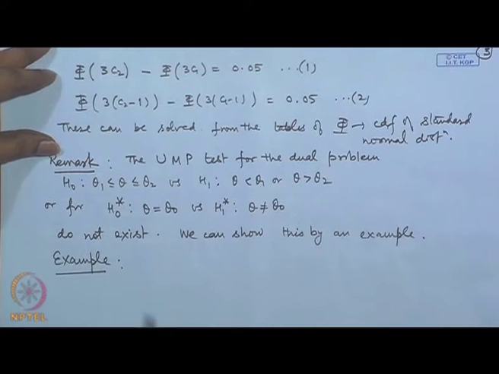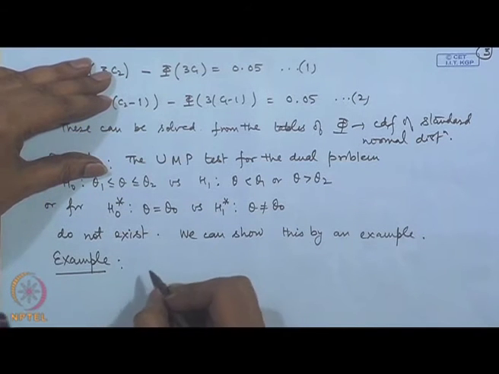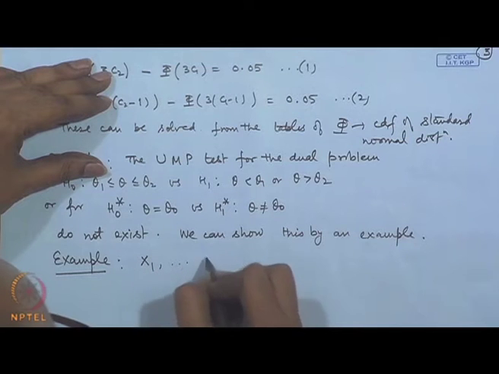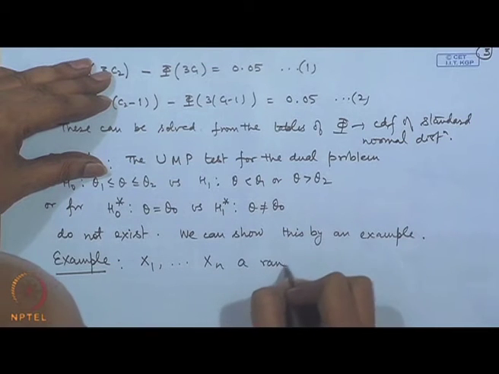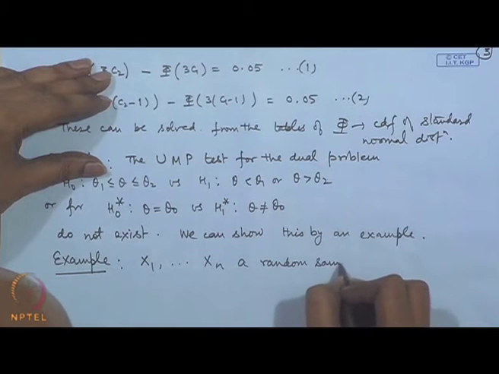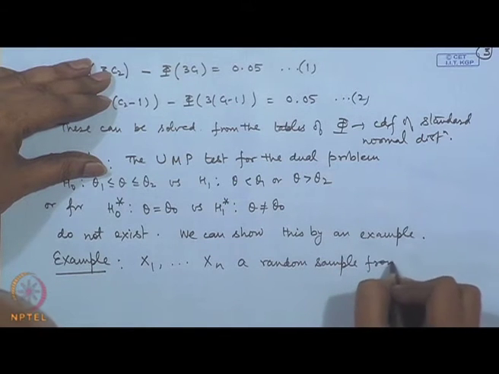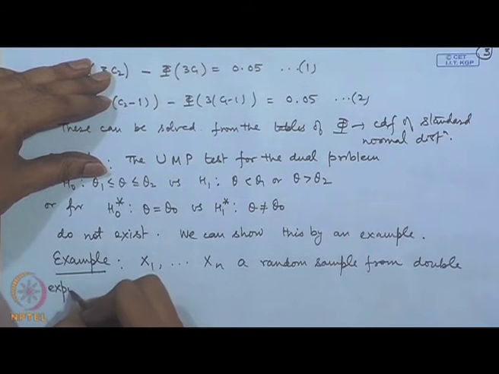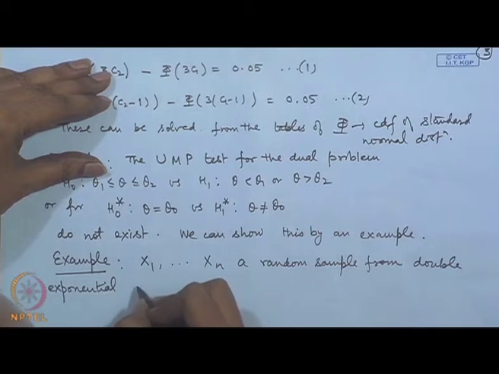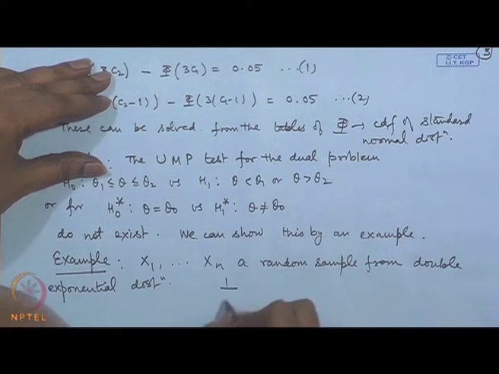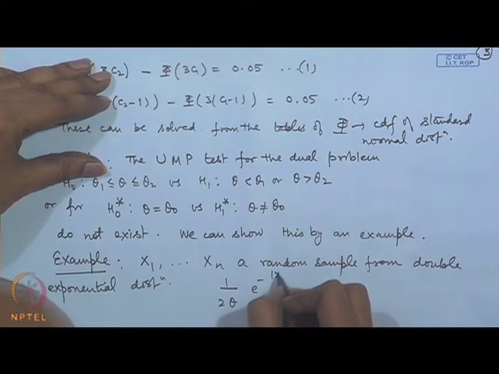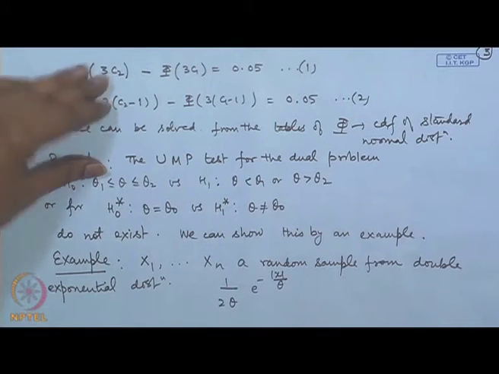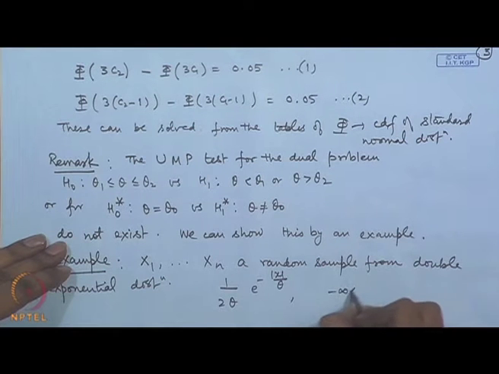We have considered earlier a double exponential distribution. Let us consider x1, x2, ..., xn a random sample from the double exponential distribution with density 1 by 2 theta e to the power minus modulus x by theta, where both theta and x range over the whole real line.